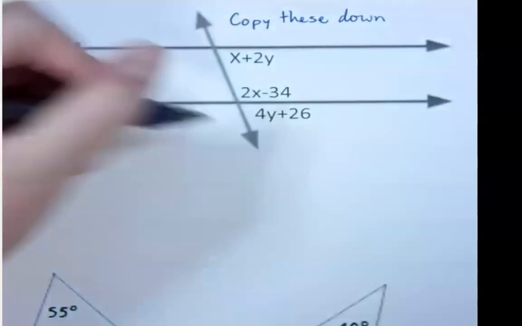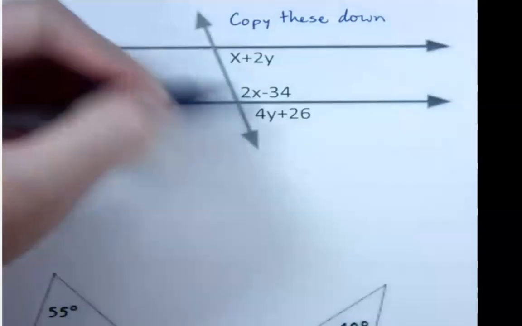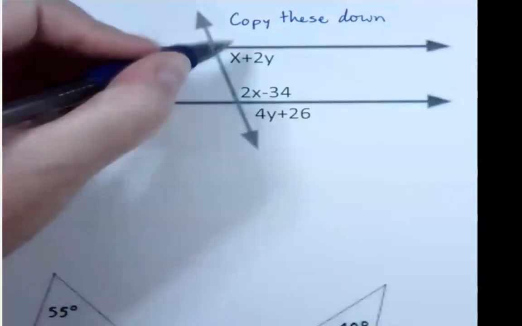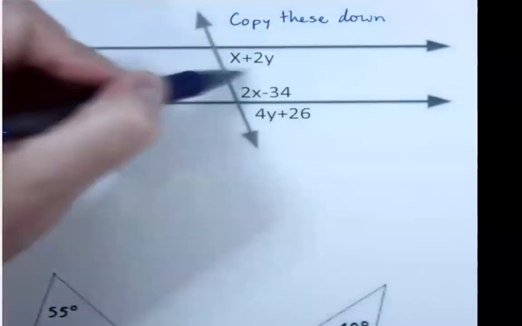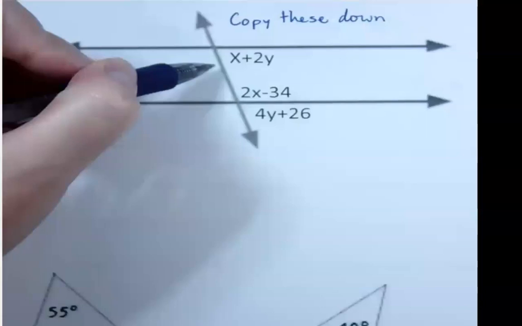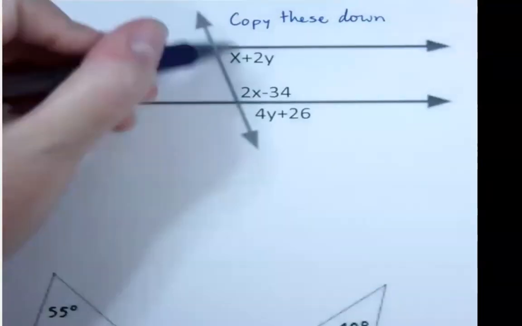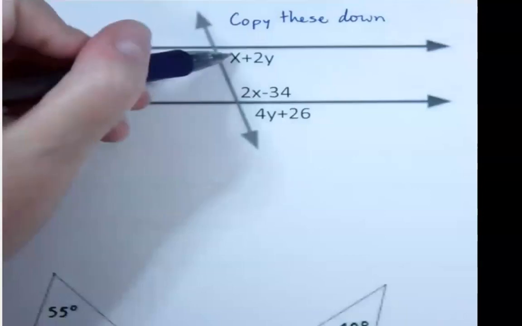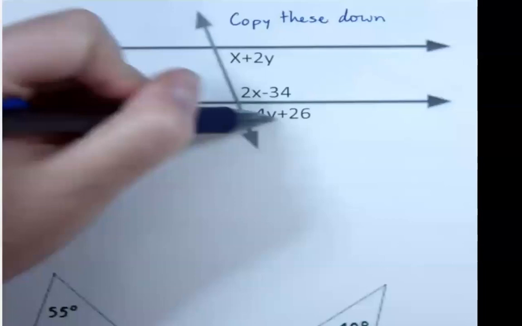All right, so I need to find two equations using the angle pair relationships. And the way I'm going to do that is this one right here and this one. Look, they're both acute angles. And they're also corresponding angles because this is in the bottom right-hand corner of this group of angles, and then the 4y plus 26 is in the bottom right-hand corner of this.